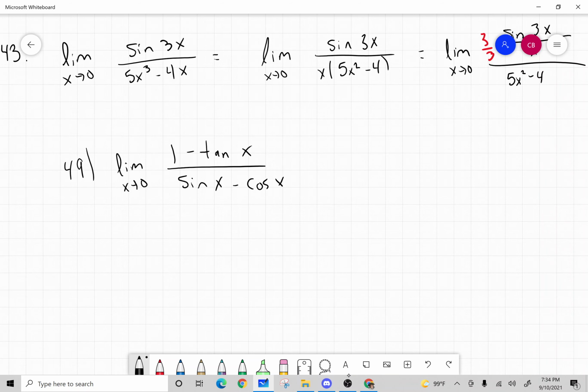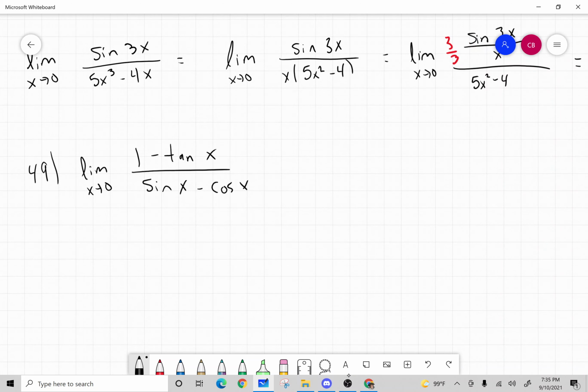Okay, I had to work this out a couple times because it's kind of tricky, but here we go. I might get lost, but we'll see. We have limit as x approaches 0 of 1 minus, well, tangent is sine over cosine, sine x over cos x, over sine x minus cos x.